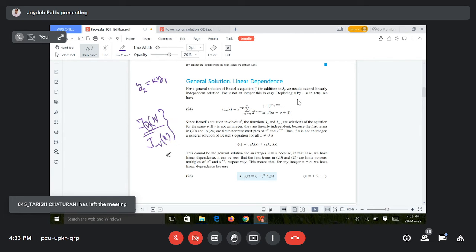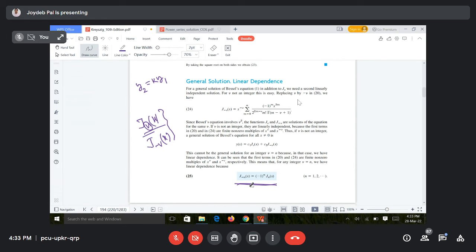That we have just proved. They are related by this relation. And in other cases they are independent, means except the integer case they are independent.